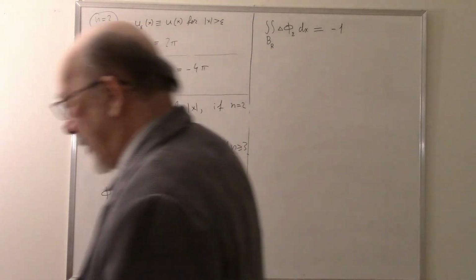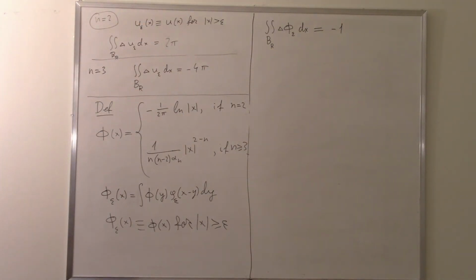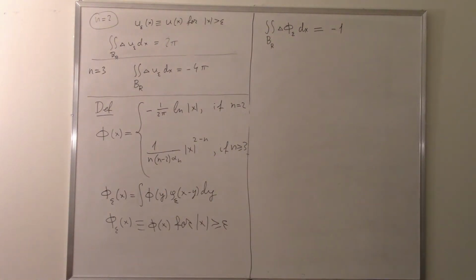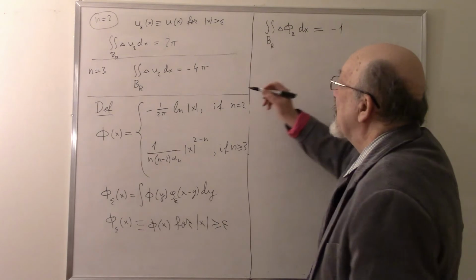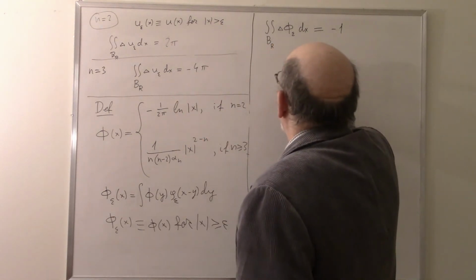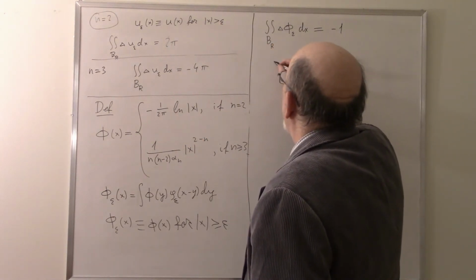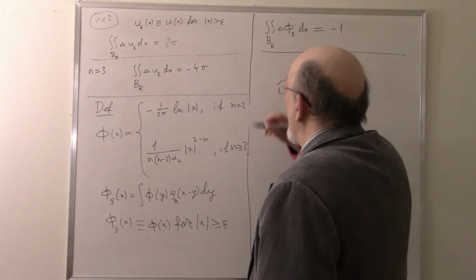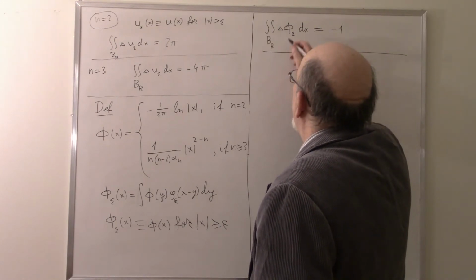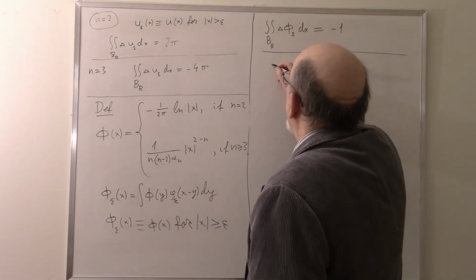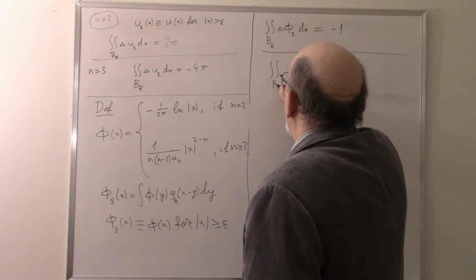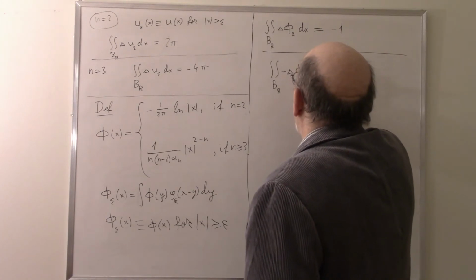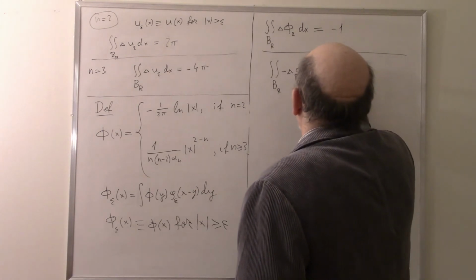But following some other reasons, it is better to change sign not here, but in delta. So we are solving the equation. We change signs here. So integral over BR minus delta phi epsilon dx equals 1.